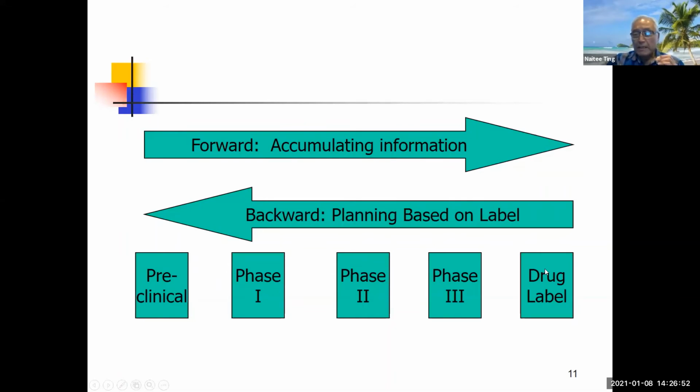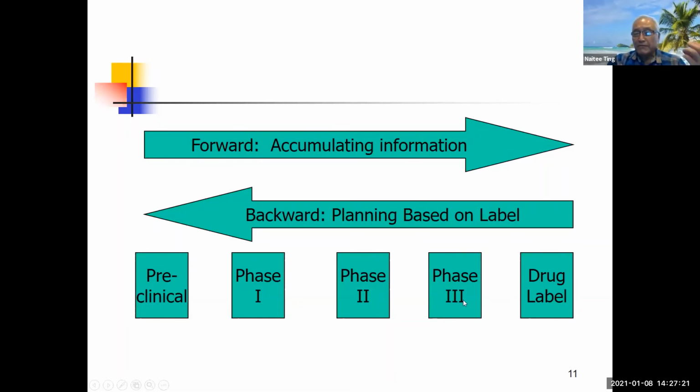And then you say, in order to receive an approval with such a drug label, what should my phase 3 study deliver? Your phase 3 clinical trials will have to deliver the information to support the label, right? And that's how you design studies. You have to design your phase 3 studies to deliver the information that will support the label. Now, how are you going to design your phase 3 studies?